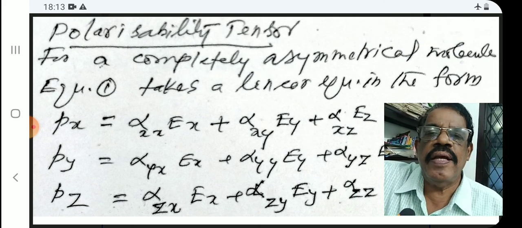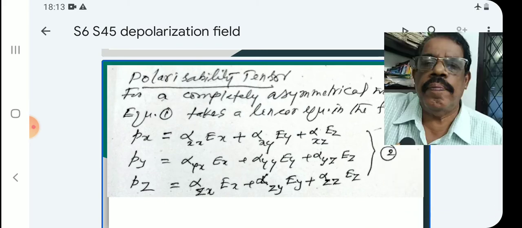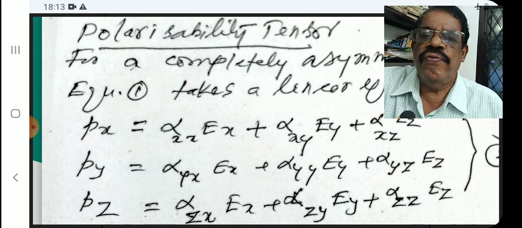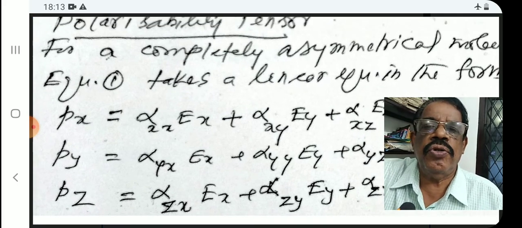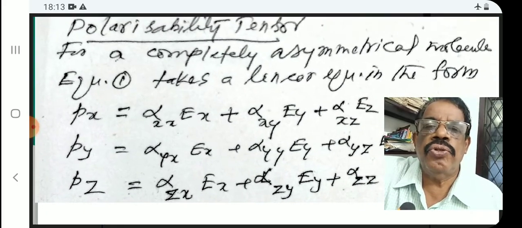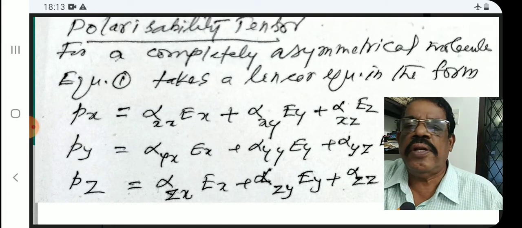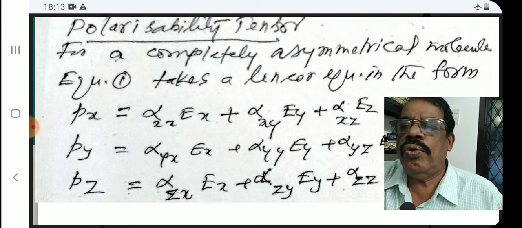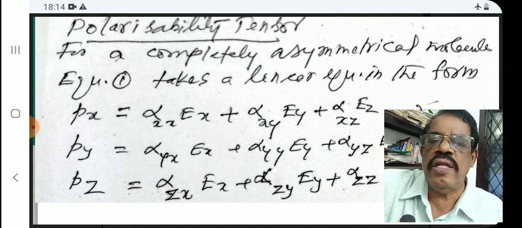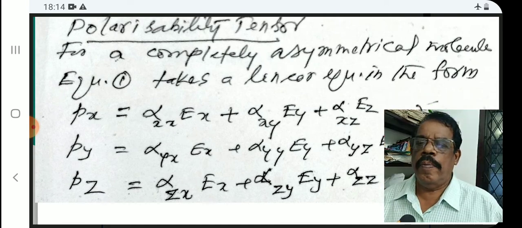For a completely asymmetrical molecule, not symmetric molecule, it is a non-polar molecule under discussion. So for a completely asymmetrical molecule, equation 1 takes the linear equation in the form P is alpha E.